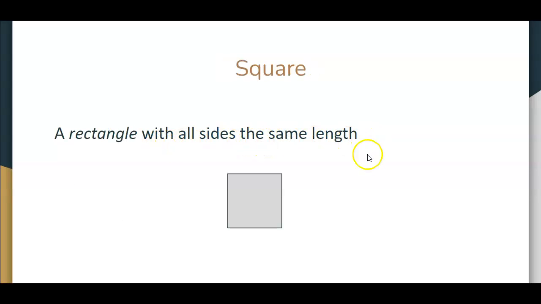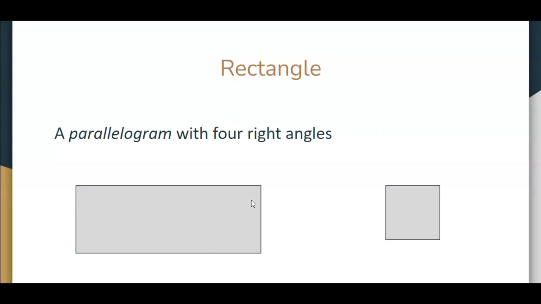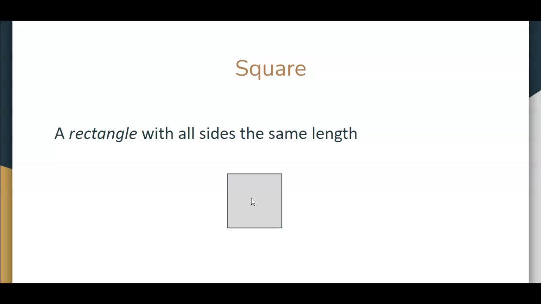And all sides are the same length. So a square has a lot of names. It's not just a square, it's a parallelogram, and it's a rhombus, and it's a rectangle. A lot of names for this shape.